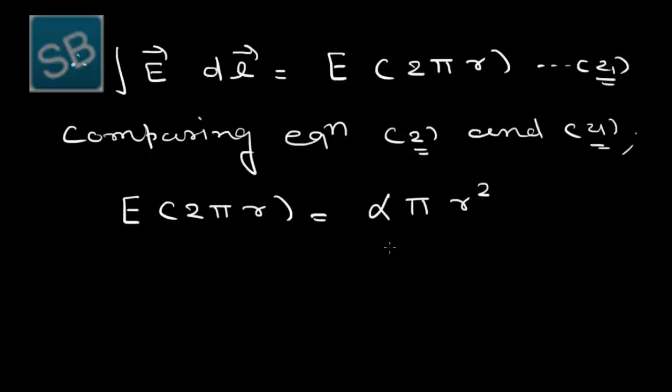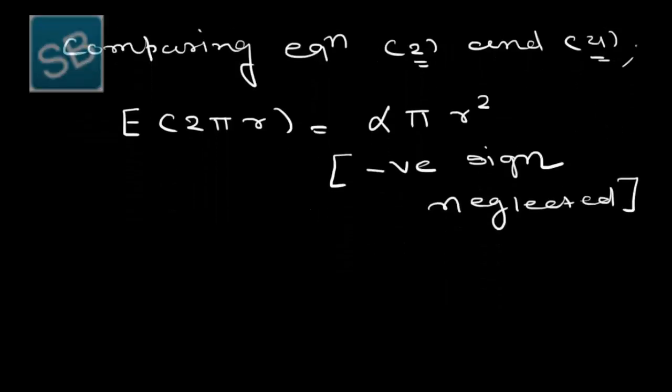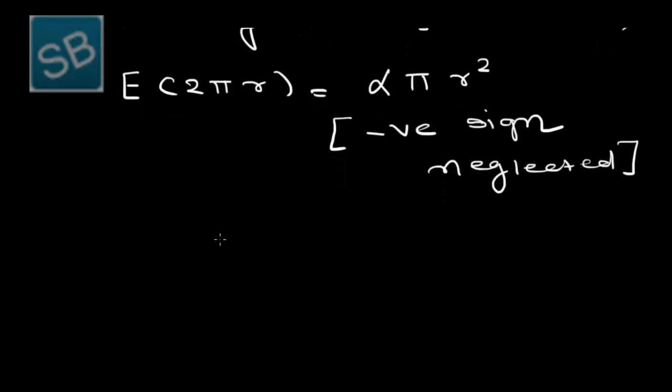Here the negative sign is neglected. You have to understand that, because the electric field is either in the positive or negative direction, but at present our task is only to find out the value, the magnitude of the electric field. So it may be positive or negative.